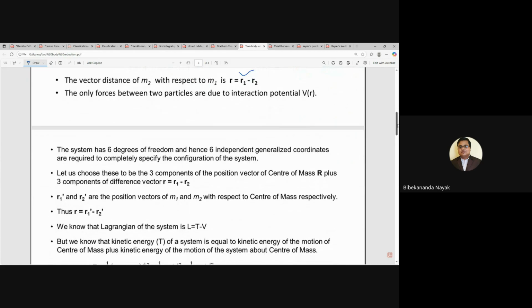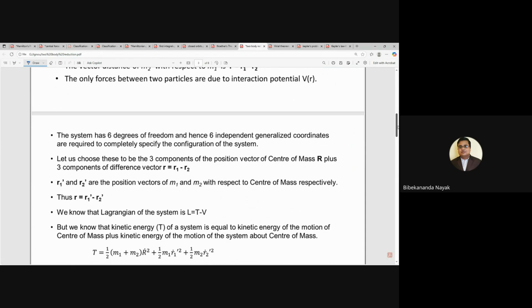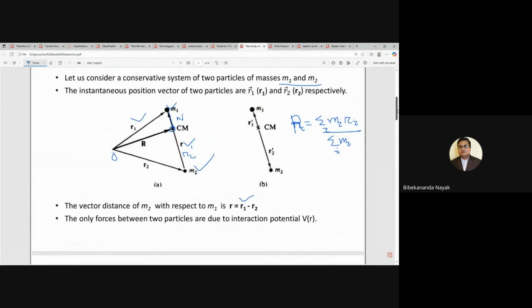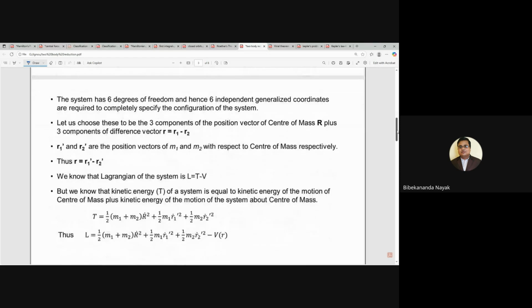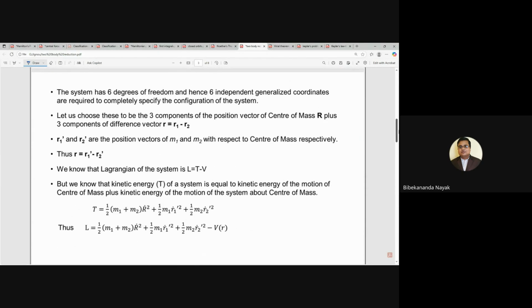Now, how do we reduce this two body problem to one body problem? Let's calculate the Lagrangian, kinetic energy and potential energy of the system. We know there are two particles, so the total mass of the system will be m1 plus m2. Its kinetic energy depends on the kinetic energy of the center of mass plus the kinetic energy with respect to the center of mass.